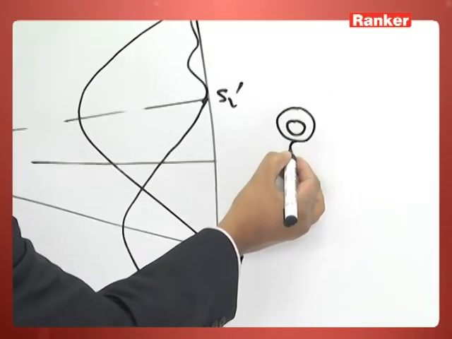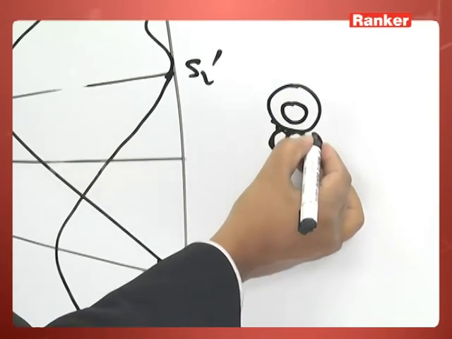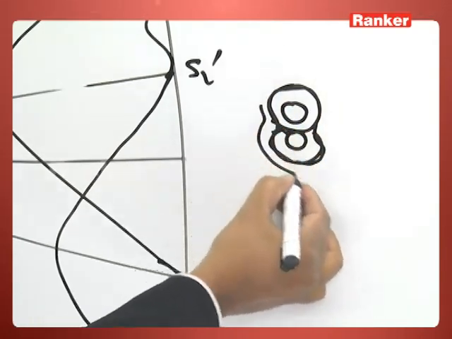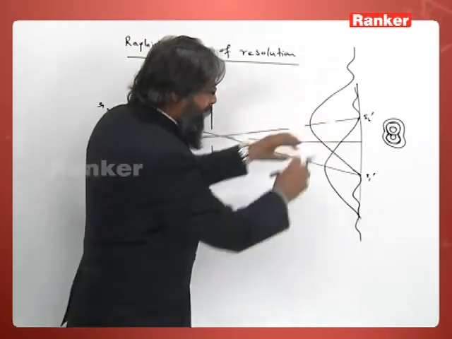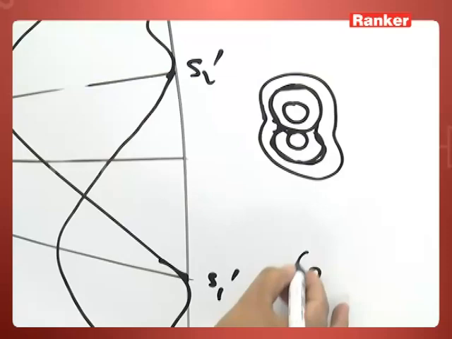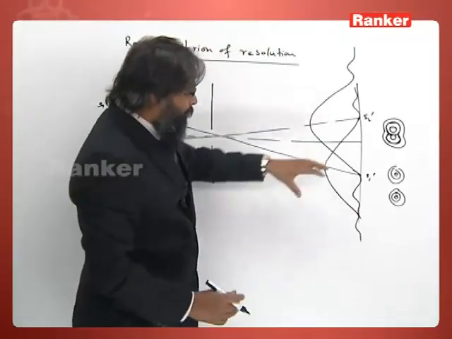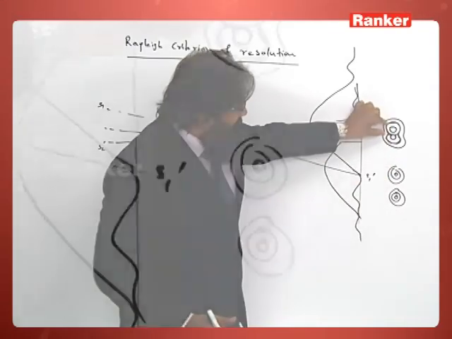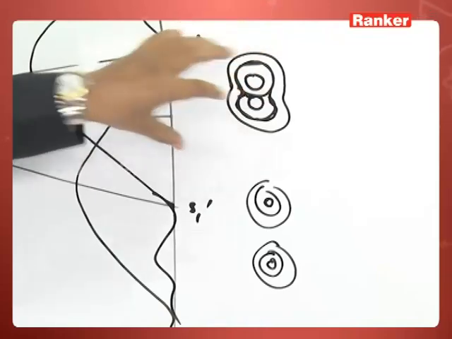So something like this structure will be formed. On the screen, if they are well resolved, then you will get some discs. These are well resolved objects. But when they overlap, so when they are just resolved or critically resolved, they appear like this.